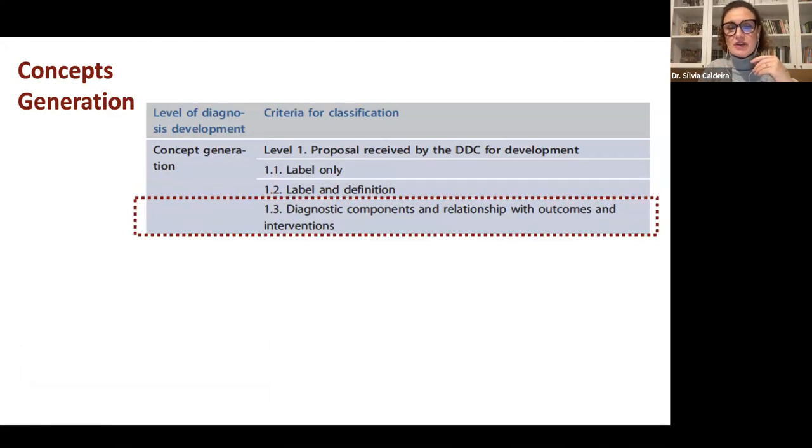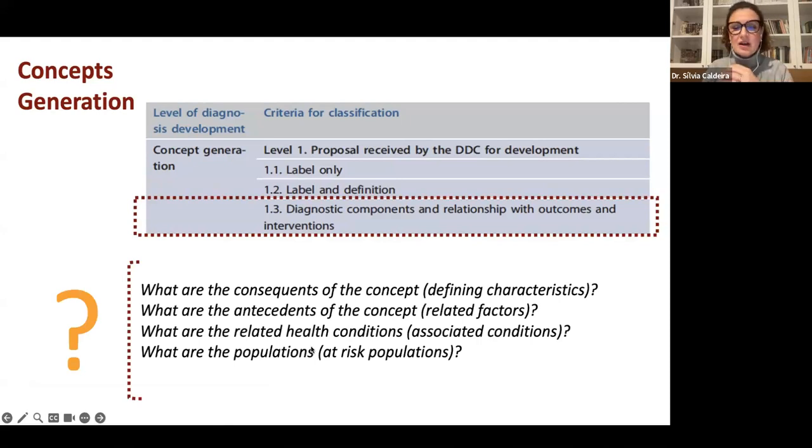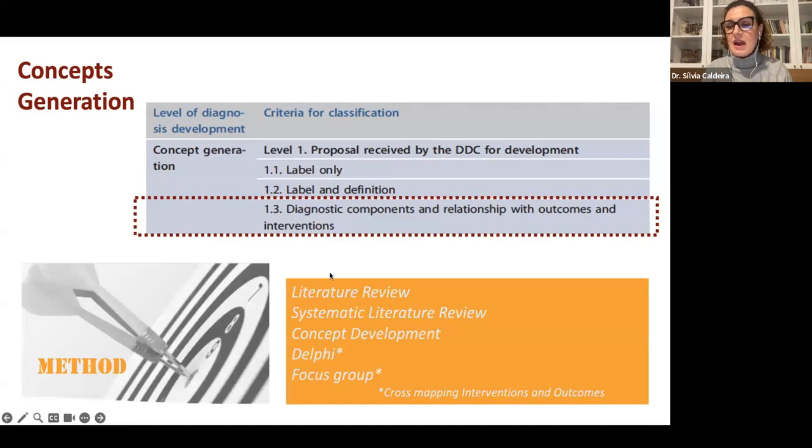In 1.3, we now have the consequences of the concept, the antecedents of the concept, the related health conditions, the populations. Here you can see you are completing the structure of the nursing diagnosis, and that is why I would say you could have here, more than the literature review and concept analysis, a Delphi study or a focus group.